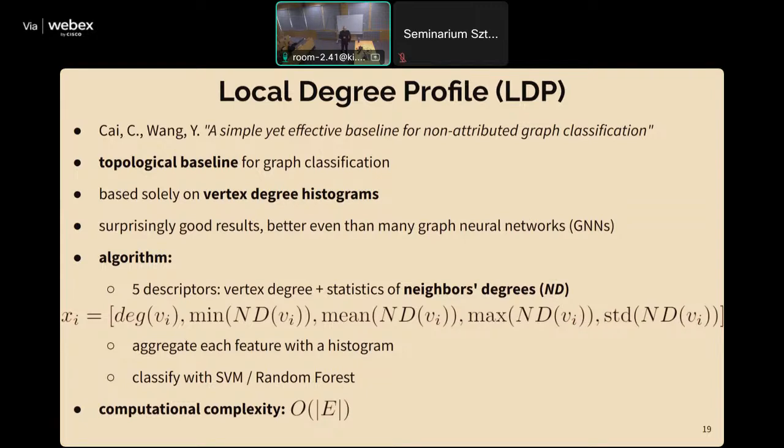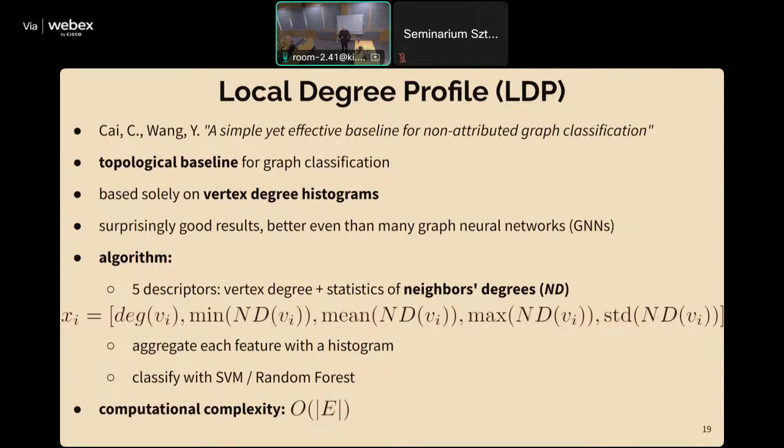And it's based solely on vertex degree histograms. So it does not use anything apart from vertex degrees. It uses just the simplest topological descriptor available, just in a very smart way, because it gives really good results. In fact, it has been shown that this method, based only on vertex degrees, can beat very powerful, very costly graph neural networks. We will see in just a minute.